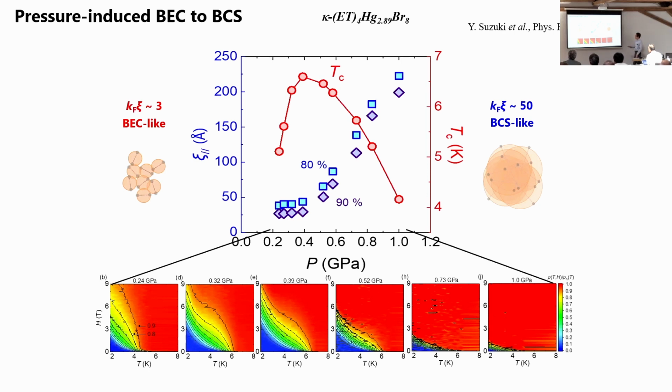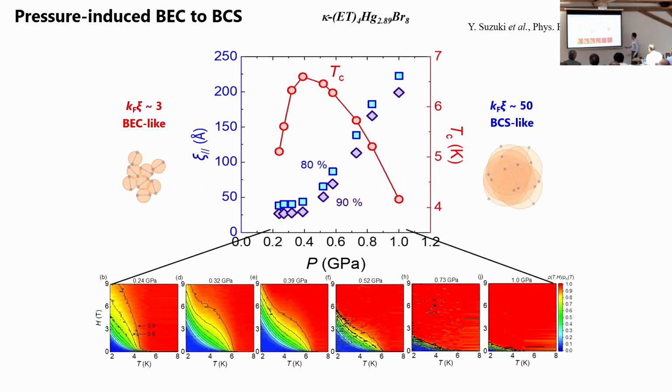You see at a low pressure range, it's a zero temperature range here, but the color gradually changes. The region of color change is larger in the low pressure region. This means that the vortex liquid region is extended in the low pressure range. But at high pressure range, the upper critical field is very, very small.